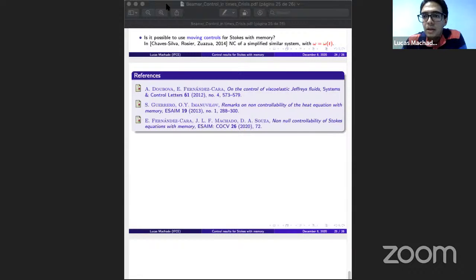We prove it in a ball, and the general domain is a consequence of this case. Okay.